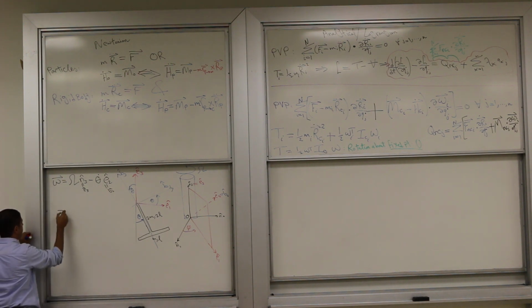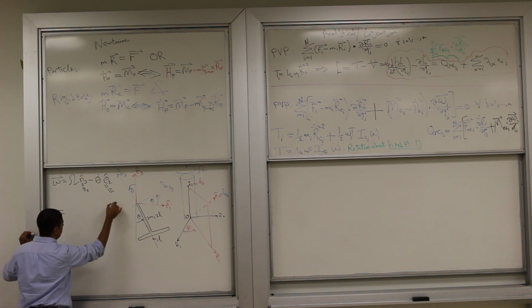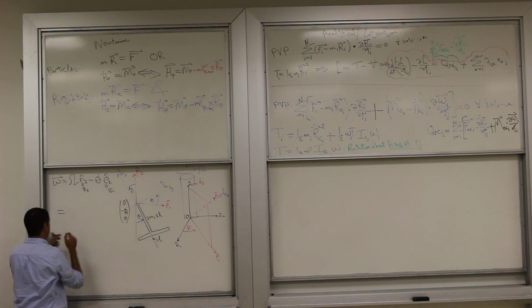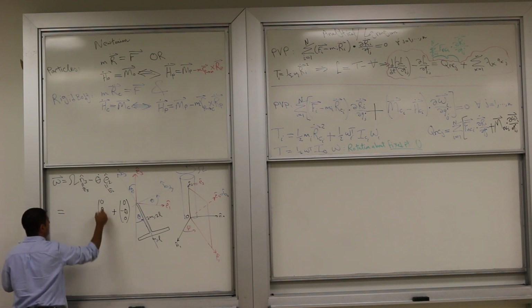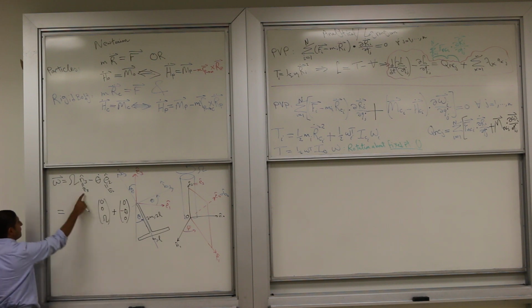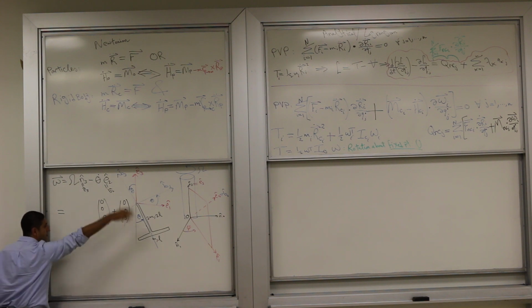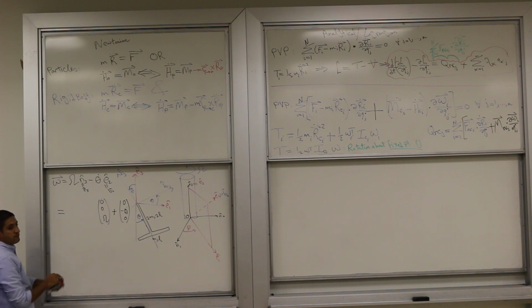So, like I said, you're expert on this in the following sense. This is 0, negative theta dot, 0, right? This second term. The first term is 0, 0, omega, but this is in the E frame. I want to go from the E frame, the red frame, to the body frame.